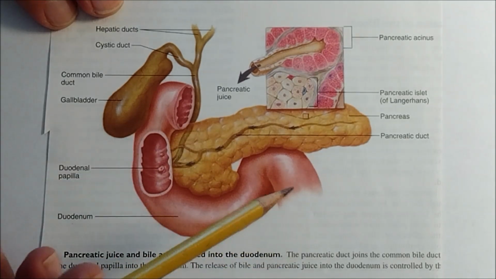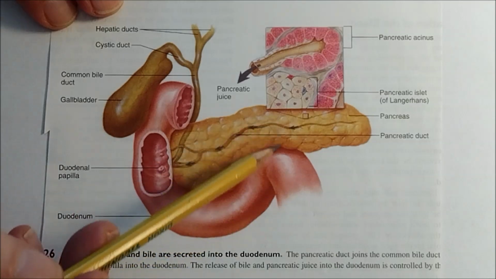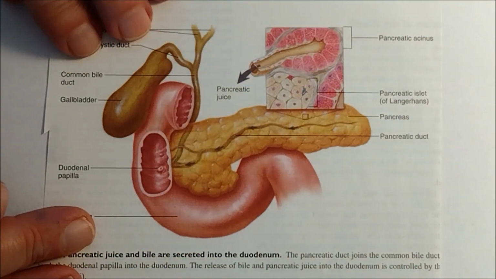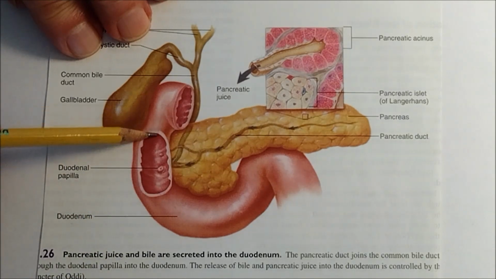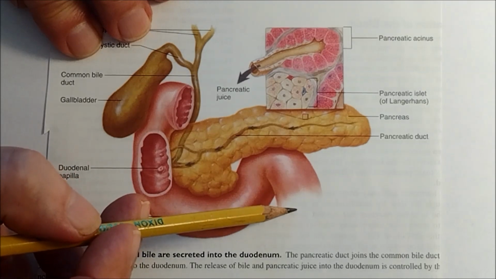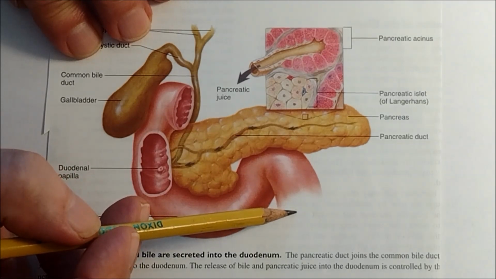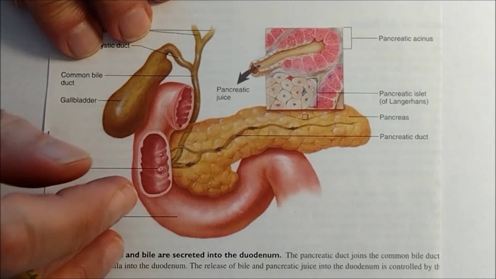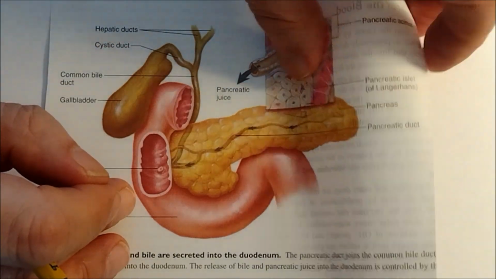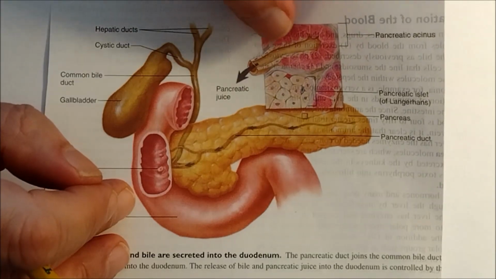But that insulin must go into the bloodstream directly, and it does. Now you know that as the carbohydrates come down through the small intestine, eventually they're broken down into glucose. You recall that from our digestive system. And glucose is a sugar which contains lots of energy. And that's what the cells need, the energy in glucose.